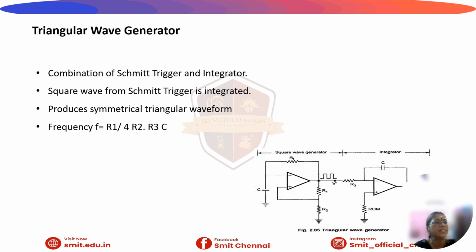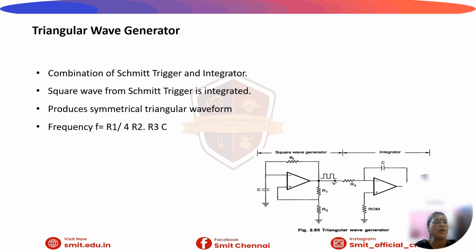It produces a periodic non-sinusoidal waveform with linear rise and fall time. It is typically built using two op-amps. The first acts as a comparator, a square wave generator, and the second acts as the integrator, converting the square wave into a triangular wave. The first op-amp switches between positive and negative saturation limits, outputting a square wave.